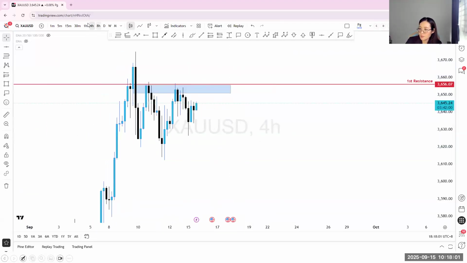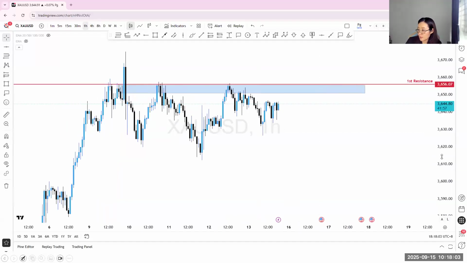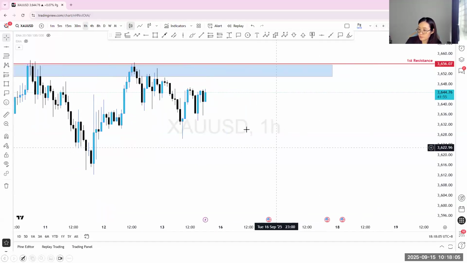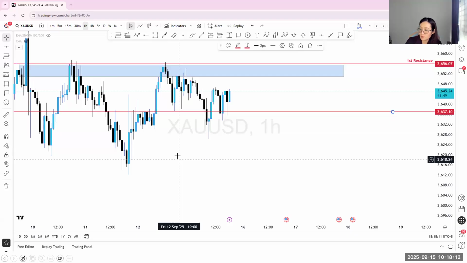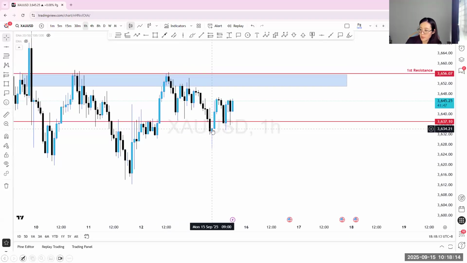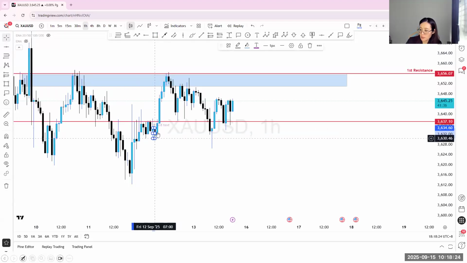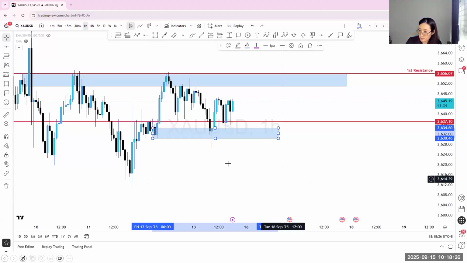Maybe I will go to H1, and then I would say this is my support level. But then you will say, oh, price closed below, so it's not going to pull back. No, below this support level, you need to go and study demand and supply. You will see there is your demand zone here, or OB here.